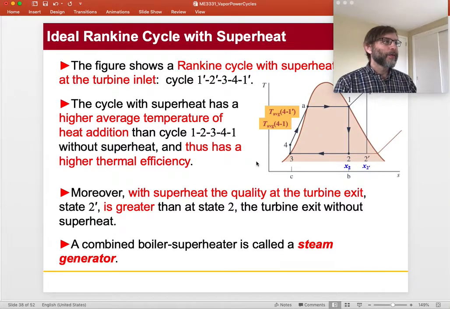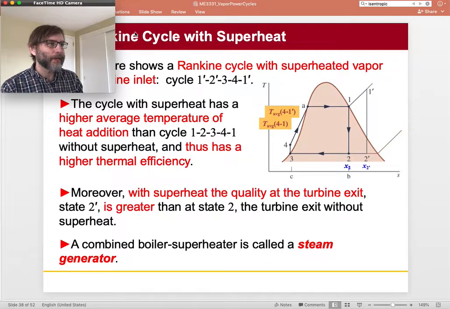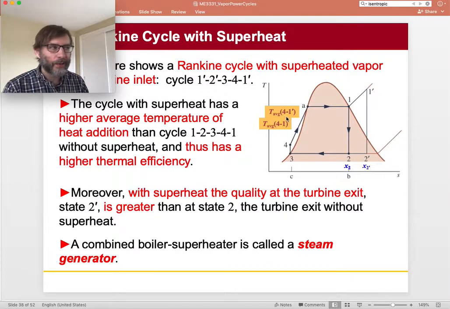The main thing we are going to talk about though is the reheat and the superheat cycle. So the superheat cycle is this one right here. You can see the one we've been talking about is this 1, 2, 3, 4, 1 cycle. The superheat cycle takes us out of the vapor dome for the expansion in the turbine, so we don't have droplets in the turbine, and moves us up into a superheated condition, 1', and then drops us back down to 2' for the expansion process.